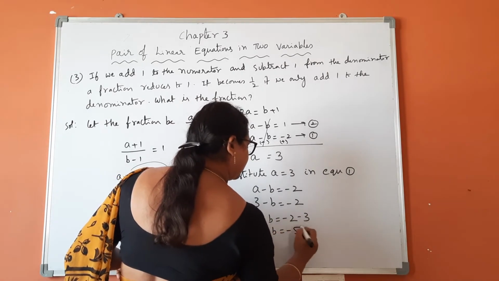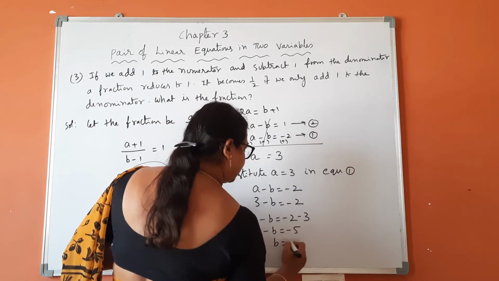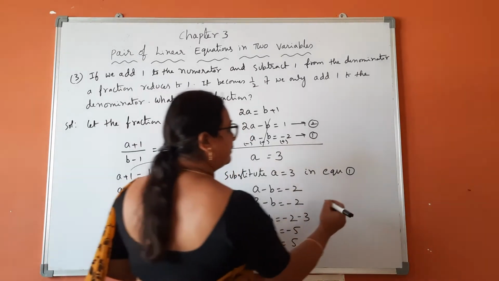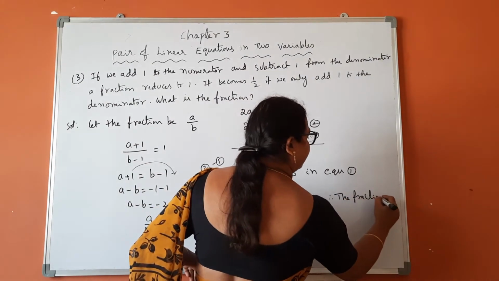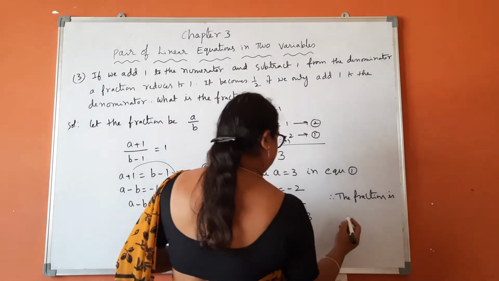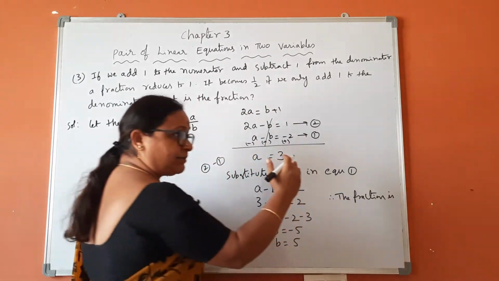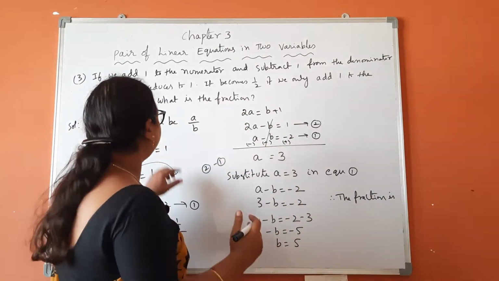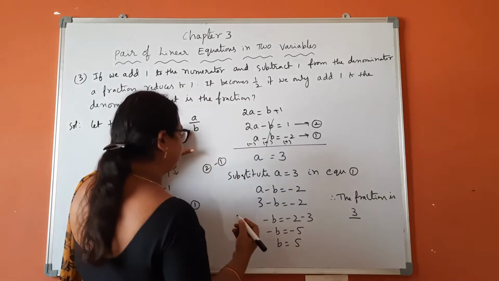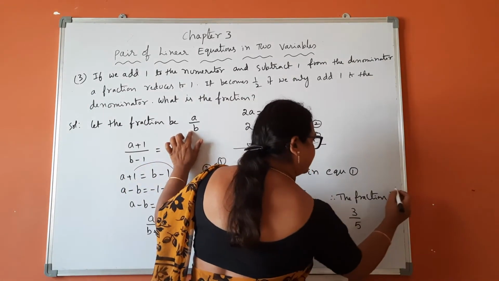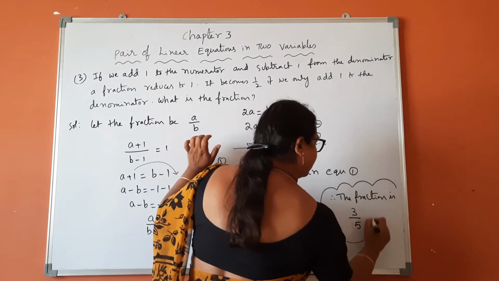Minus b is equal to minus 5. B is equal to 5. Therefore, the fraction means numerator by denominator. What is our numerator? Numerator is a. So 3 by denominator is b, 5. So the fraction is 3 by 5.